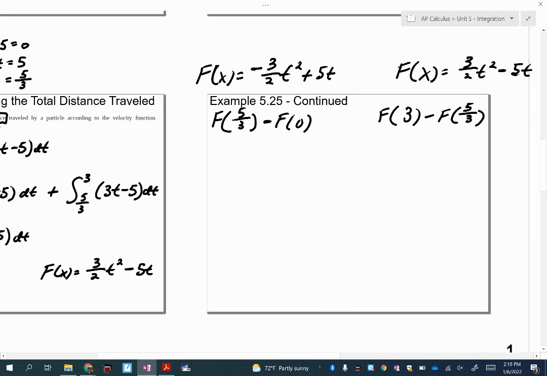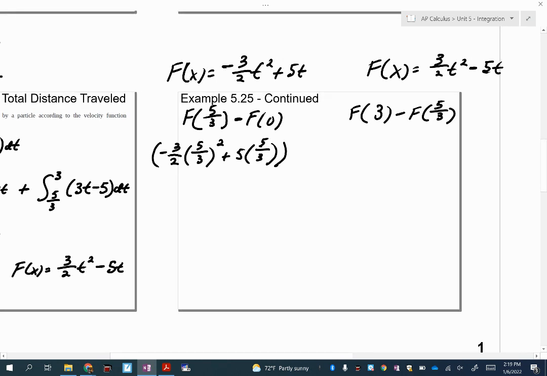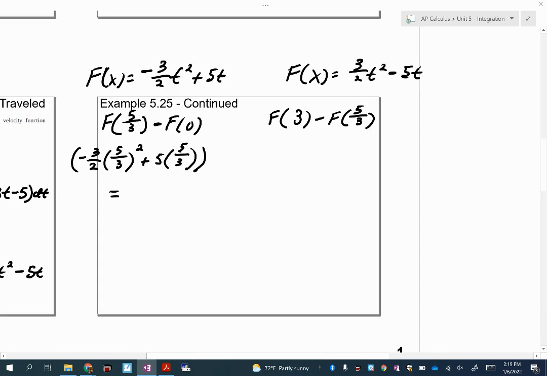All right, so now let's do all the work here. So I have negative 3/2 times 5/3 squared plus 5 times 5/3. I'm not going to plug in the 0. You can plug in the 0 if you want, but I know that if I plug in 0, I just get 0. So that's going to give me my value for the first integral. The second one, I need to do all the work again.